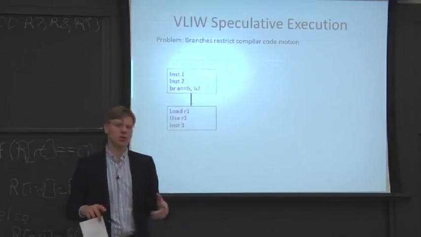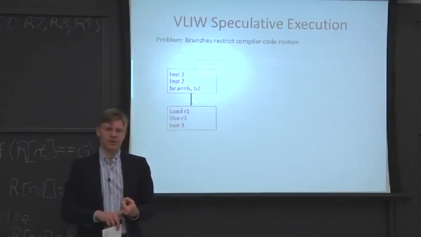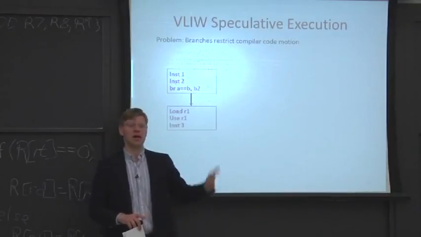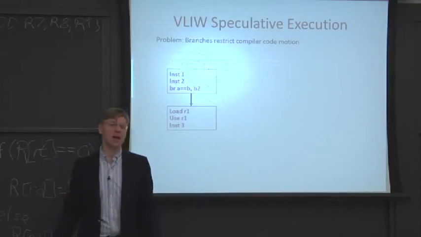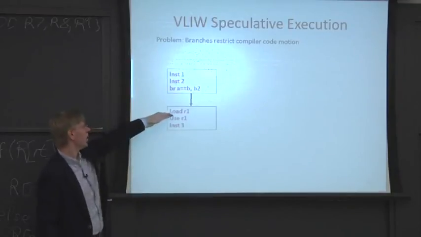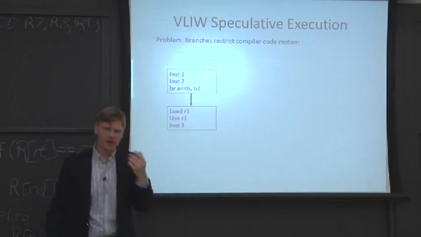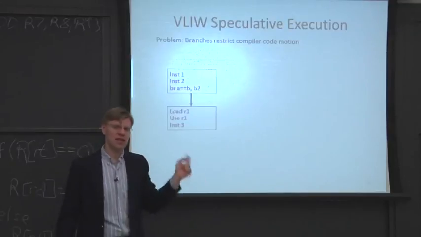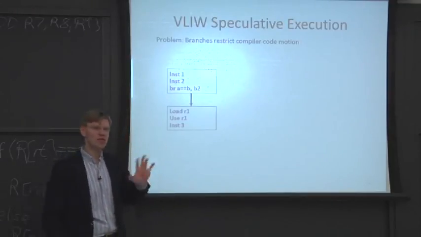How is that possible? Well, a load can take a page miss or a page fault. It can try to access some value which is not mapped in by the operating system. So let's say we take this load and we move it above the branch. That's not too bad. Now what happens if that load takes a trap or an interrupt that was never supposed to happen?